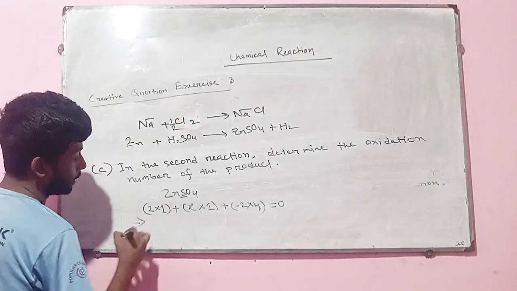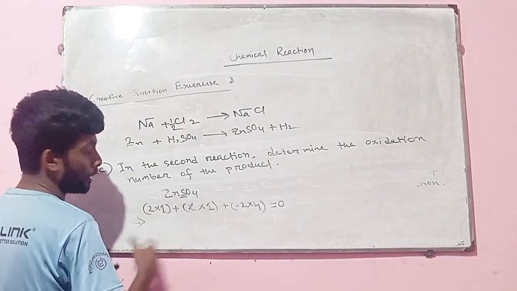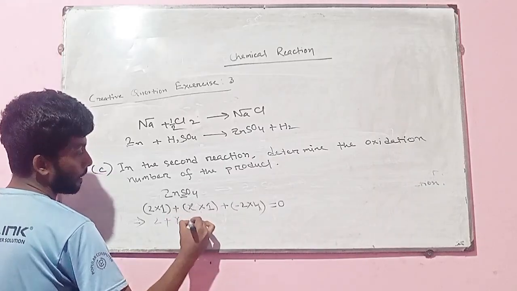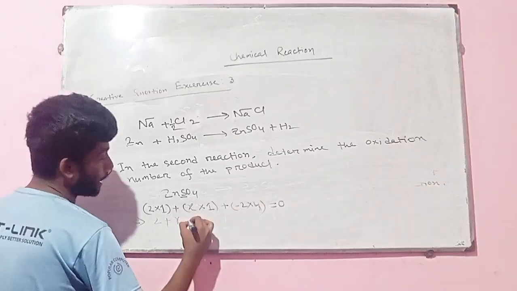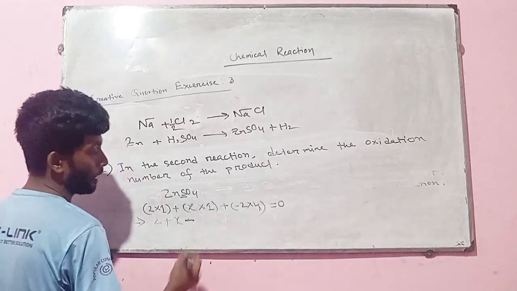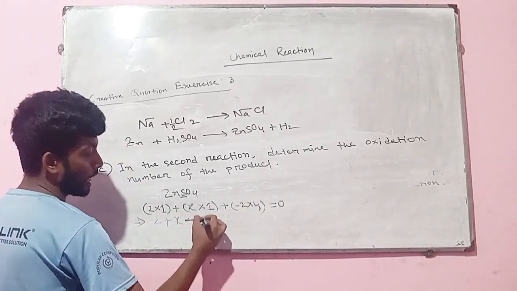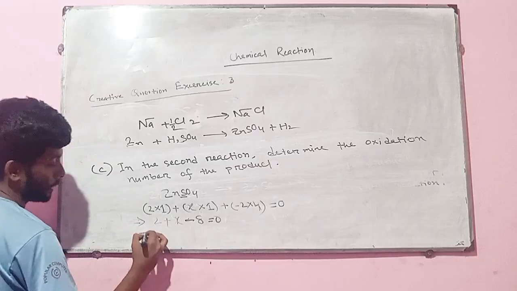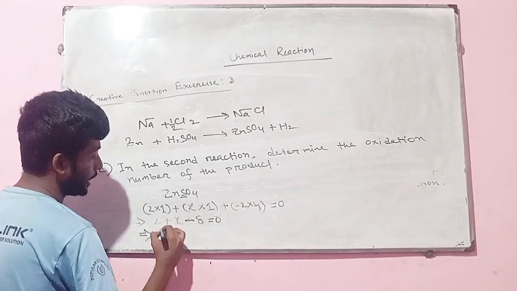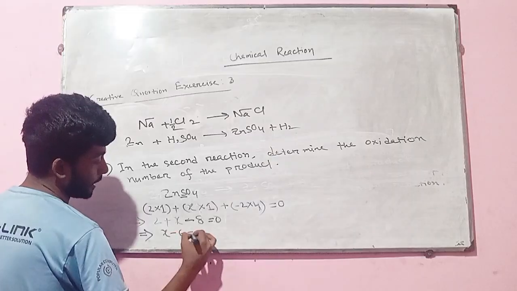Now just write down 2 multiplied by 1 means 2, plus x multiplied by 1 means x, plus minus 2 multiplied by 4 means minus 8, equal to 0. Then if you add 2 and -8, you will get x minus 6 equal to 0.